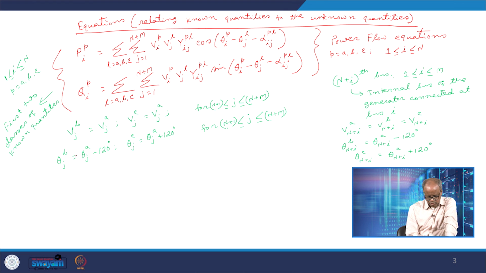So, now let us look at the equation for generator real power.